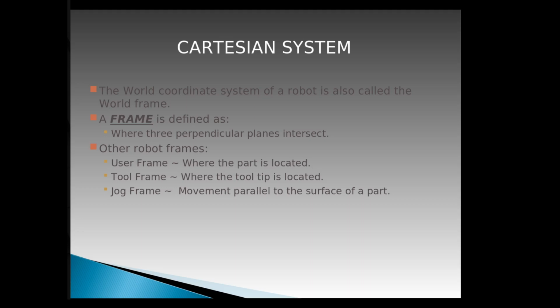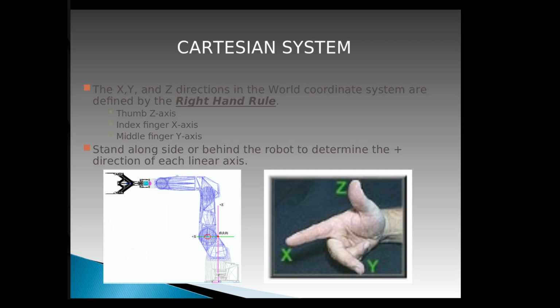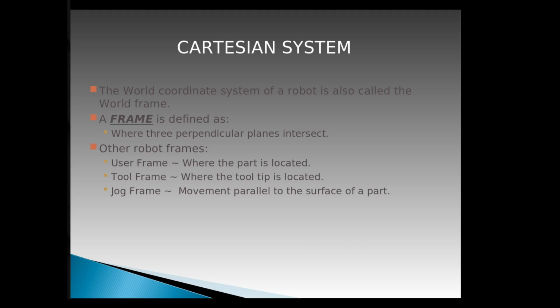So depending on the type of robots, they have, of course, the world frame, which, as shown on the other slide, the origin of that is right where the two axes cross, and that frame is actually inaccessible. Like, you couldn't move your end of arm tooling to that point. It actually couldn't reach it with that particular robot.